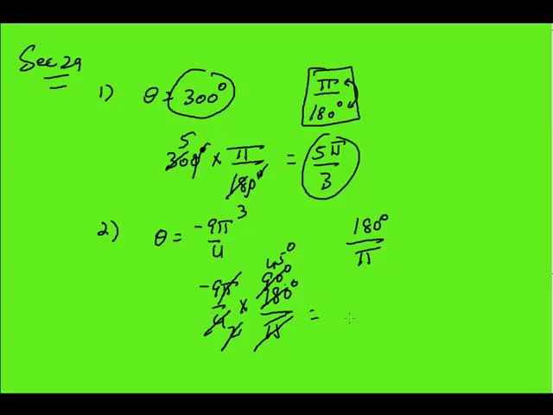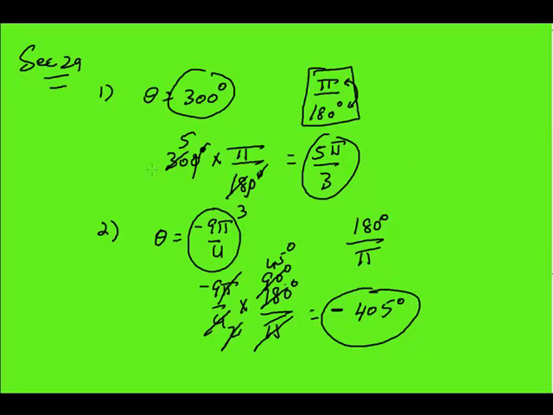I'm going to get a negative. 4 times 5 is 20, and 4 times 9 is 36. 36 plus 2 is 38, so negative 405 degrees. The same thing as negative 9 pi over 4.